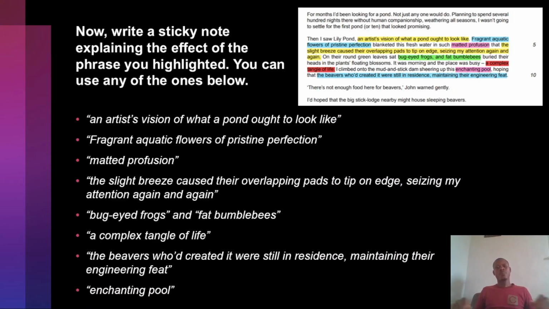What you're going to do now is to write a sticky note, explain the effect of the phrase you've highlighted. Maybe you highlighted more than one phrase. You could just write some explanatory note on the effect of these phrases you've highlighted. But let's assume you are unable to highlight any one that you feel is strong enough. You can pick any of these ones I've mentioned here that I've published here on your screen.